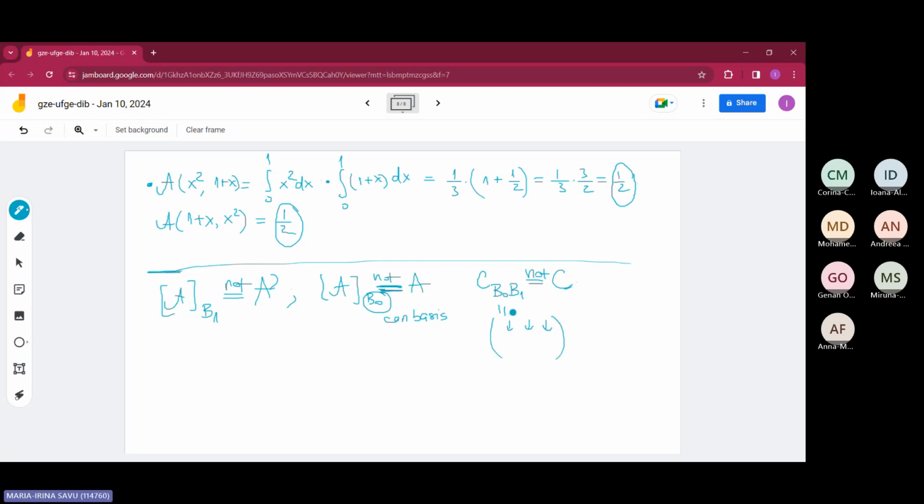So this will be the first polynomial of B1, the second, and the third. And you have that A prime is C to the power -1 times A times C. Okay?